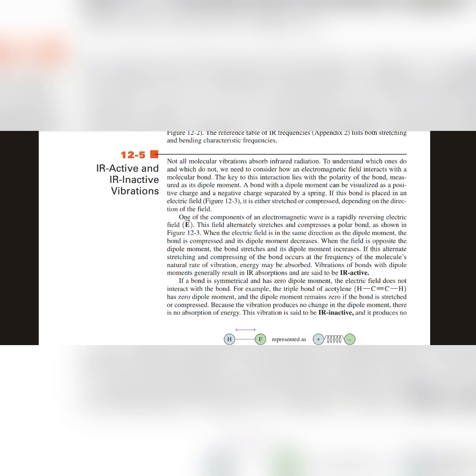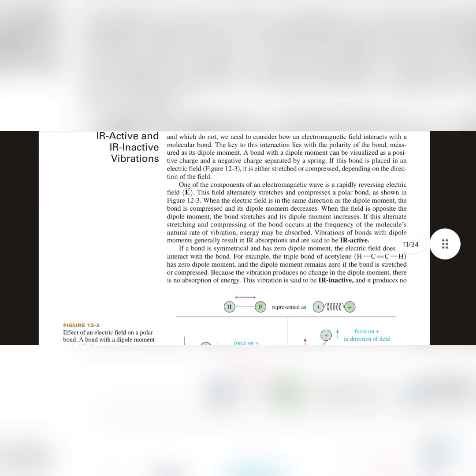A bond with a dipole moment can be visualized as a positive charge and a negative charge separated by a spring. If this bond is placed in an electric field, it is either stretched or compressed depending on the direction of the field. One component of an electromagnetic wave is a rapidly reversing electric field.